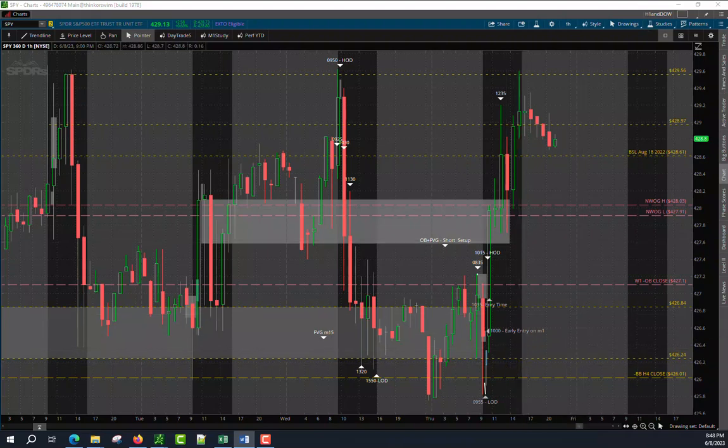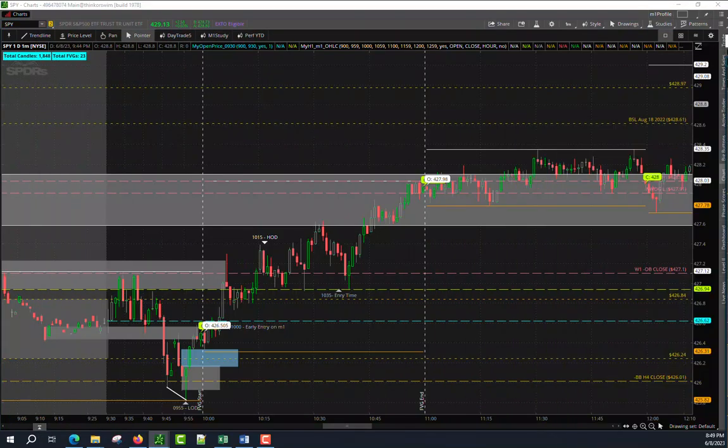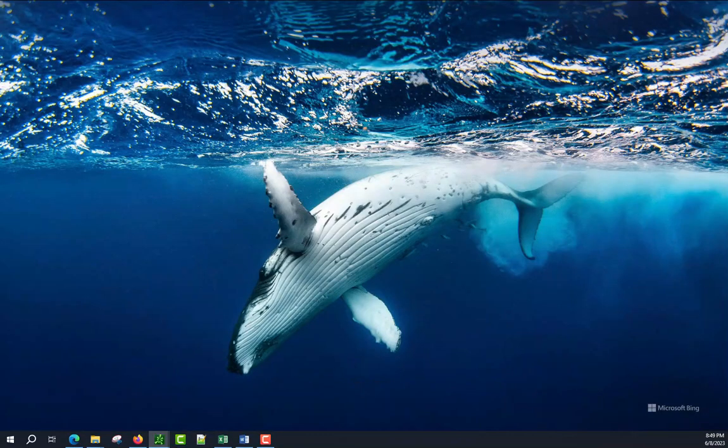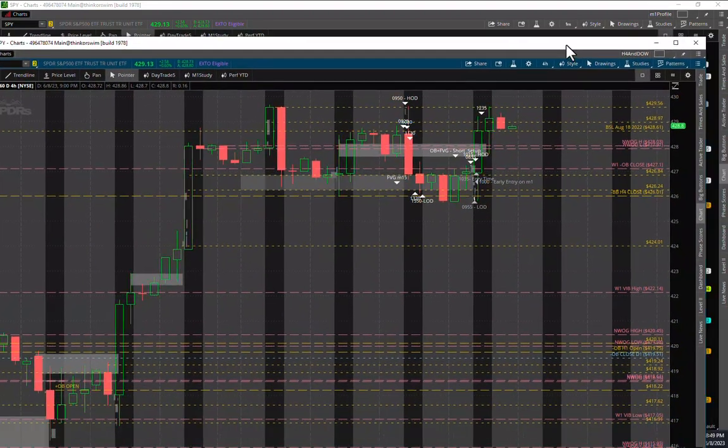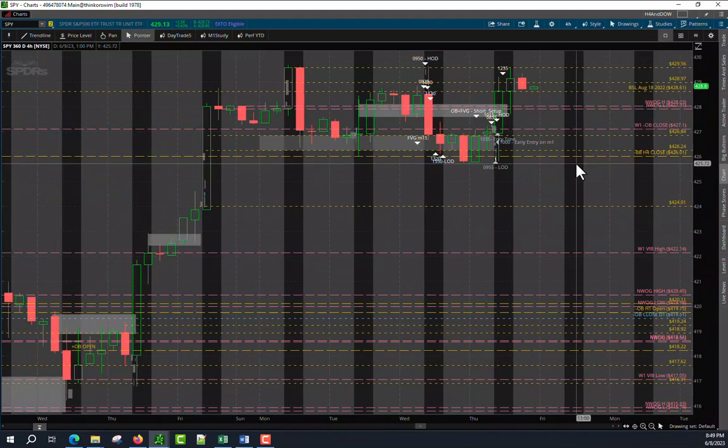Okay, let's look at the 4 hour. Do we have 4 hour open? I think I do have 4 hour. Okay, here we can see the 4 hour right here. Yeah, it's also bullish this morning, right? We see the rejection, the wick right there.